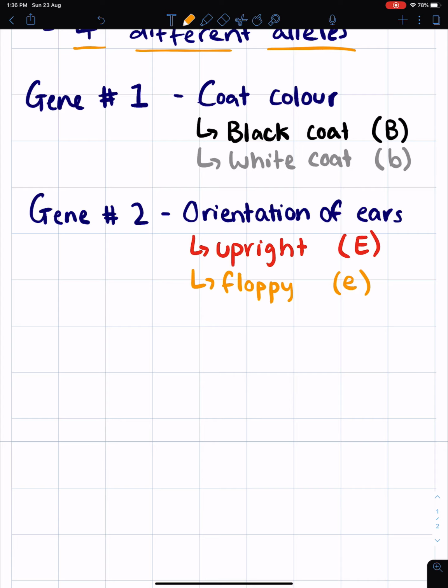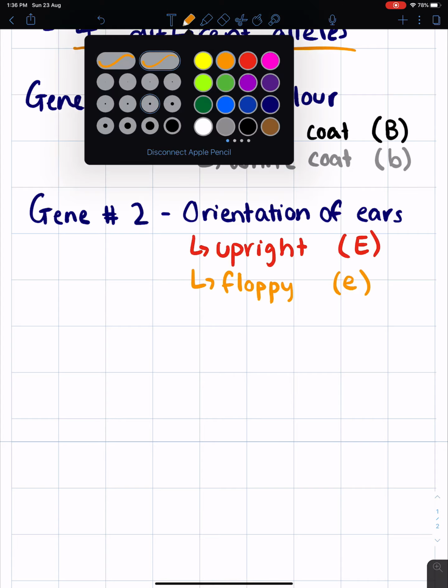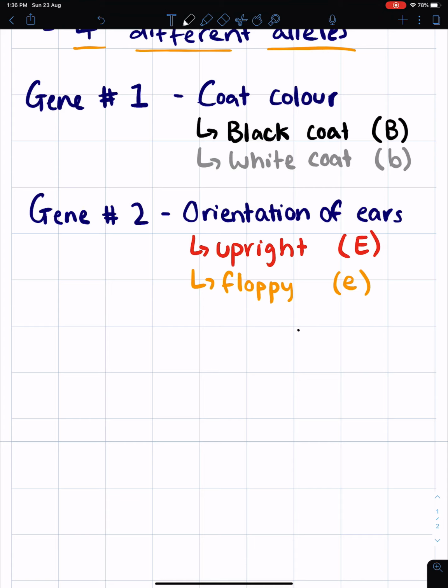Alrighty, so we have got a male, or in rabbit terms you would call it a buck, which is black with upright ears. So let's just do a horrific drawing. There we go, that's a rabbit, eh? And he's black. And he's got these upright ears.